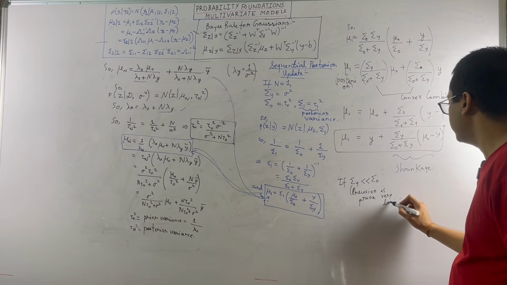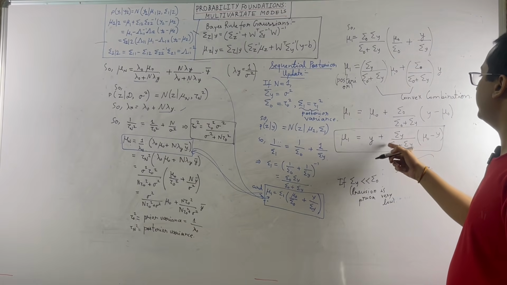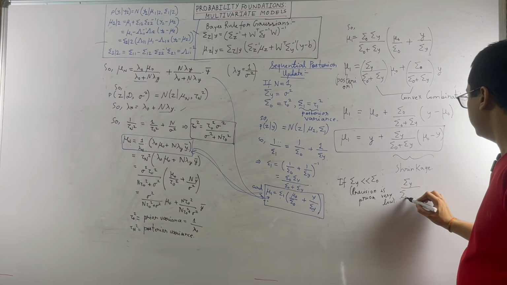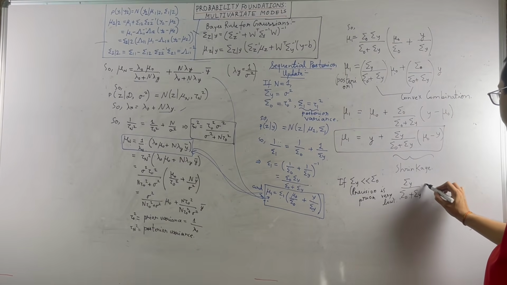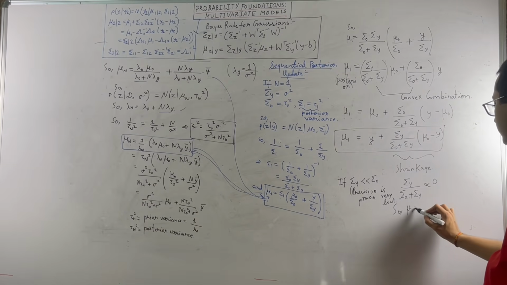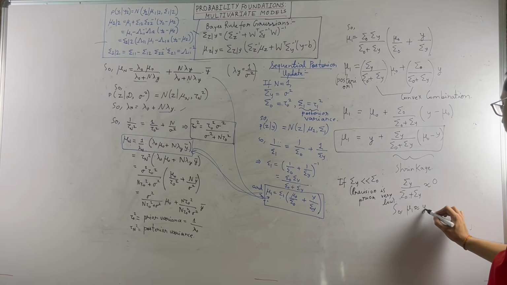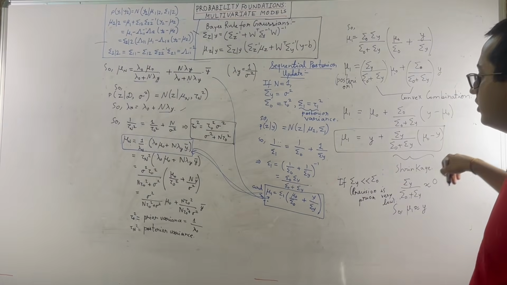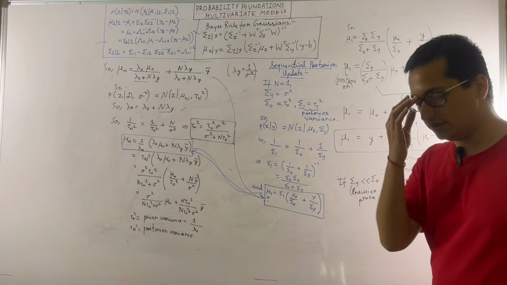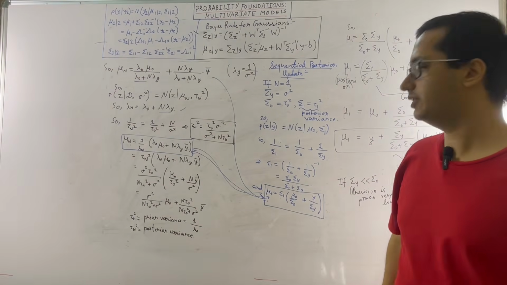In that case, since sigma y is very small, this quantity will approach zero. So what we get? The posterior is very close to the likelihood. So we see that it will not change. The prior is so weak that the posterior will stay close to my measurement precision only.